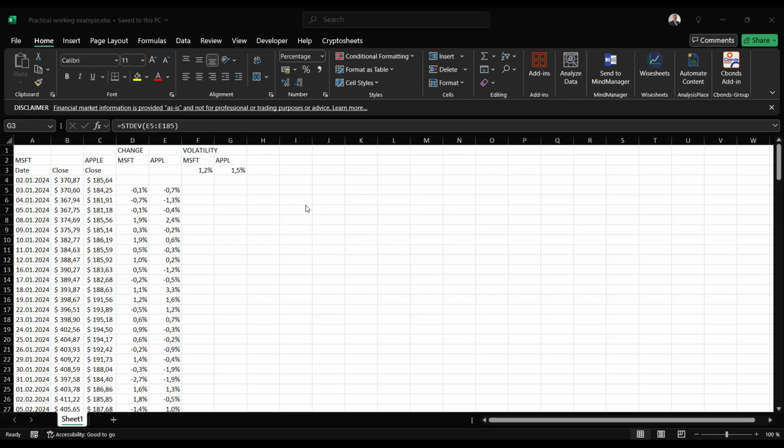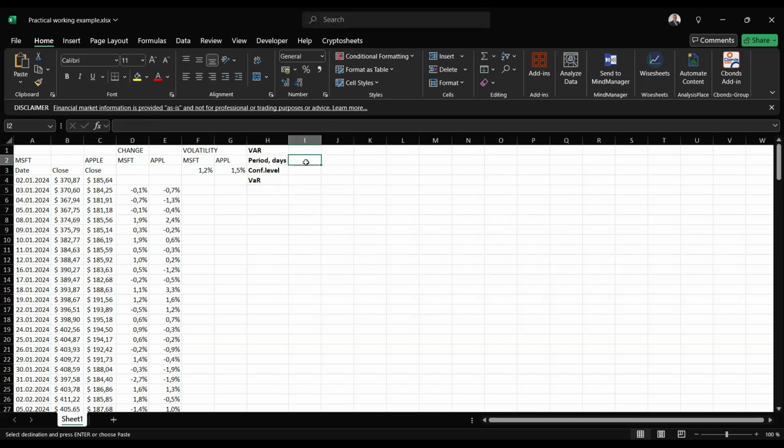Then we have to calculate value at risk for both equities. In order to do that, we have to define several parameters, as you may remember. For example, the evaluation horizon, or period, for example, in days.